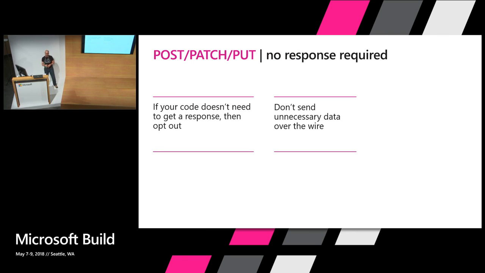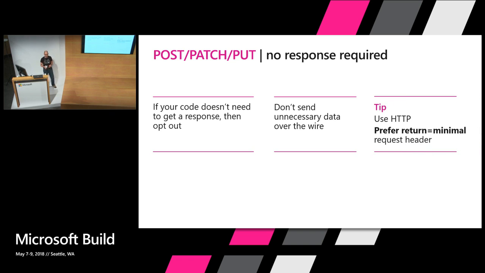So again, on this same theme, for some of the write operations like POST, PATCH, and PUT, if your code doesn't actually need to see a response, you can indicate to the service, through an HTTP request header, that you prefer a minimal return format back from the service.